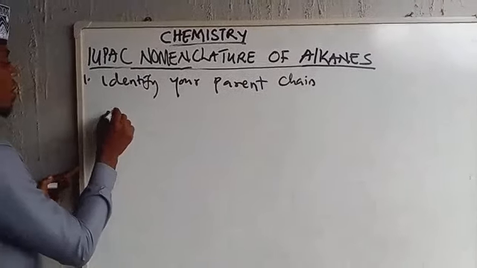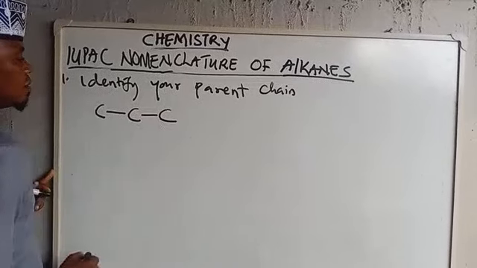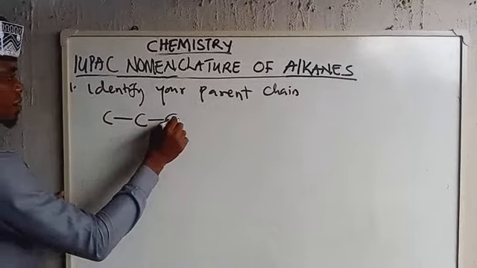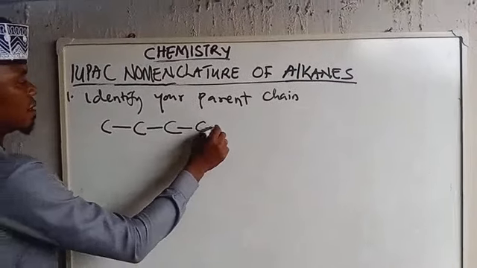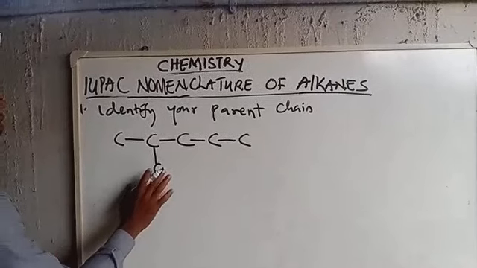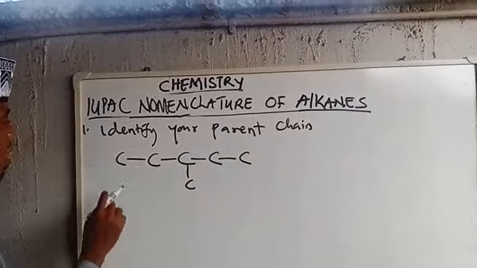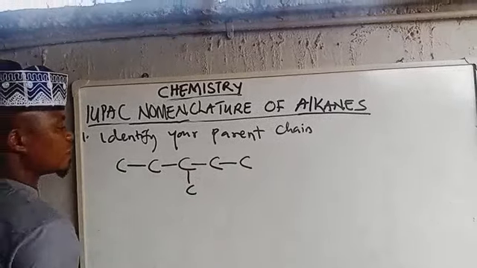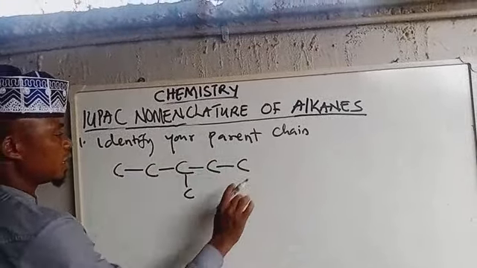For example, if I have this, like this, we have 1, 2, 3, 4, 5. This is one chain. 1, 2, 3, 4. This is another chain. 1, 2, 3 is another chain.